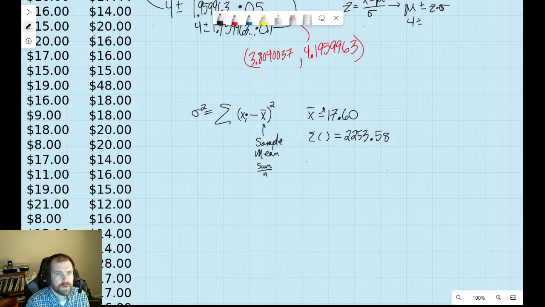Alright, how do I do... expected value table.